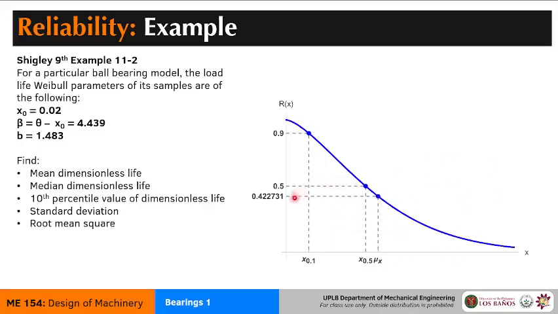And if you plug that into the reliability function, you will get a reliability of 0.422731. That's for the mean. Now, for the 10% of the dimensionless life, you get 0.9 for reliability, and you will get this particular value of the rated life, which just so happens to be equal to 1. So again, standard deviation is this value, and then the RMS is this value.